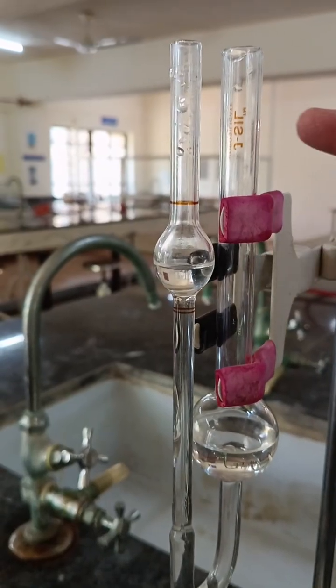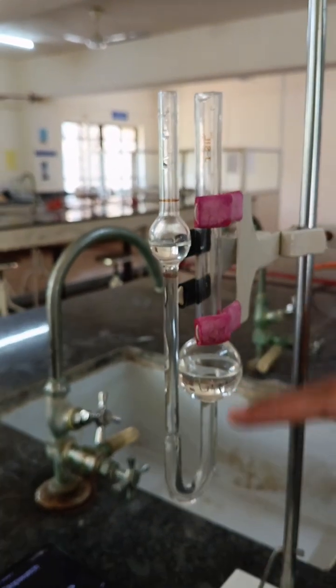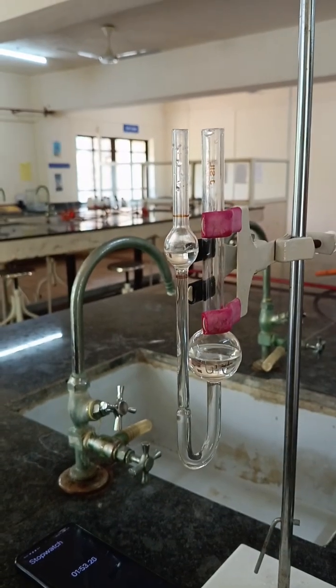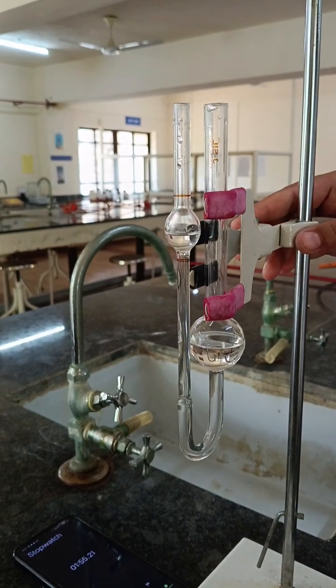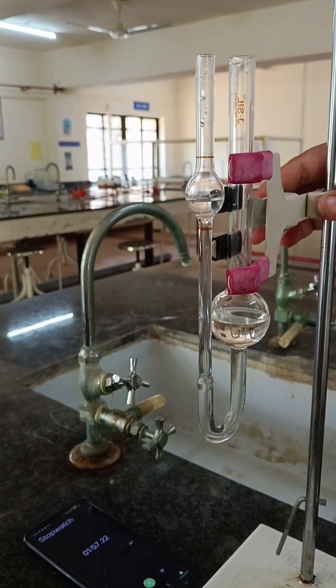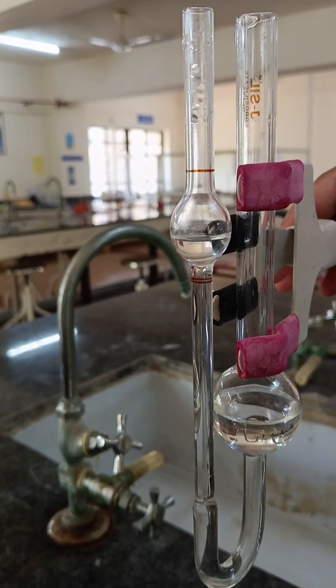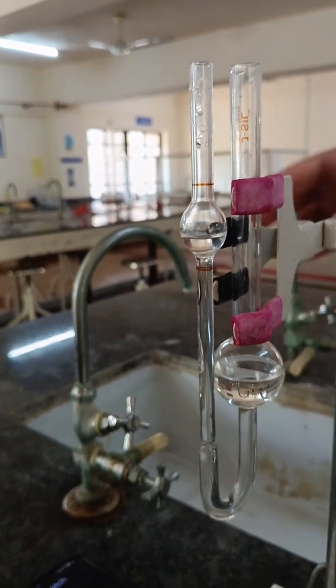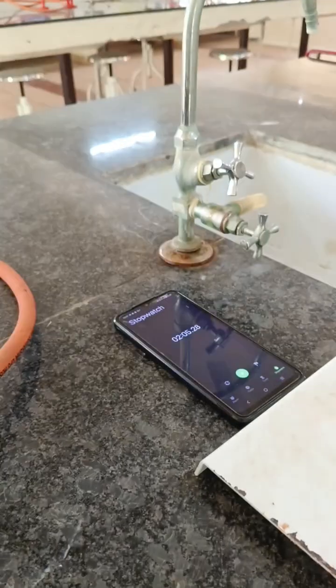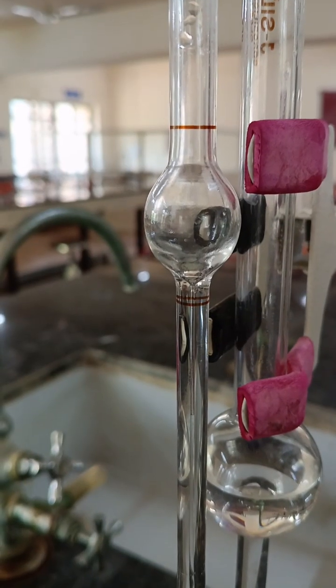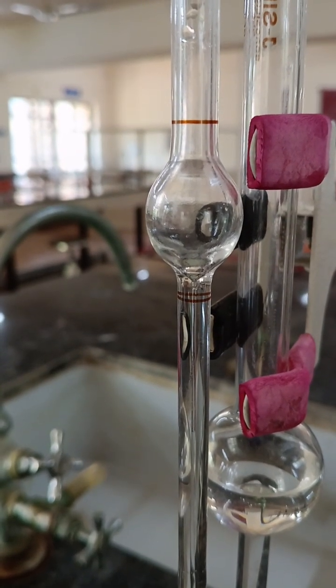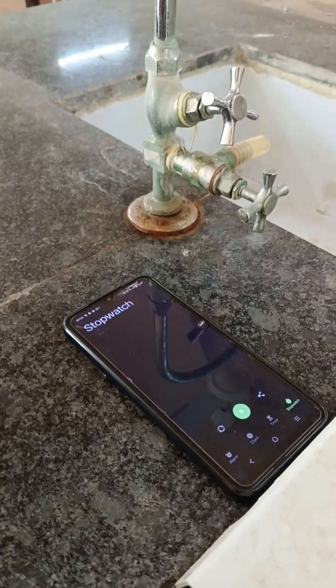The flow of any liquid through the Ostwald's viscometer depends upon how viscous it is. Now you could see that the test liquid ethanol is taking a bit more time as compared to water. So it has taken 2 minutes 48 seconds.